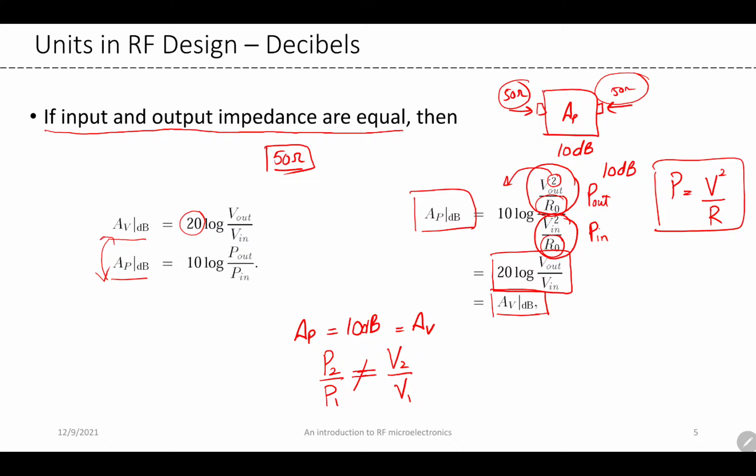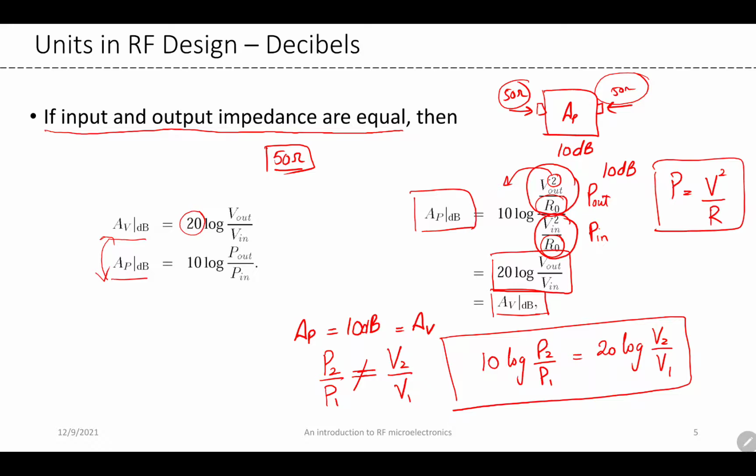That's not the case, because what this means is that 10 log P2 by P1 is equal to 20 log V2 by V1.